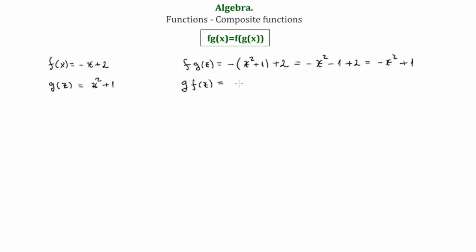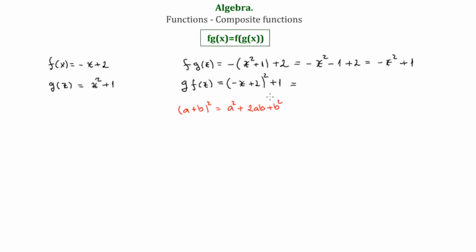We have minus x plus 2, to the power of 2, plus 1. We can work this out using our formula for a plus b squared. Let's remind ourselves of our formula in the process. It's a squared plus 2ab plus b squared.